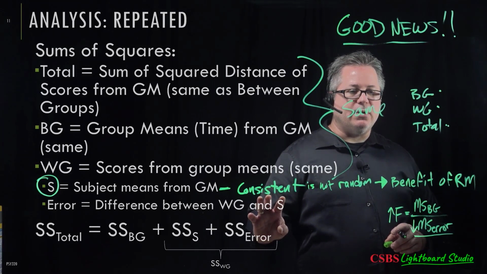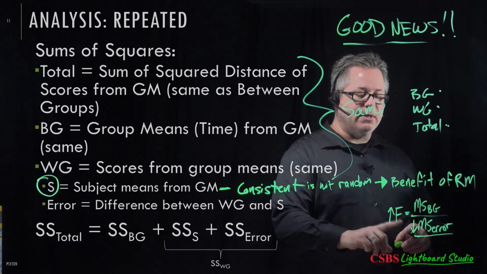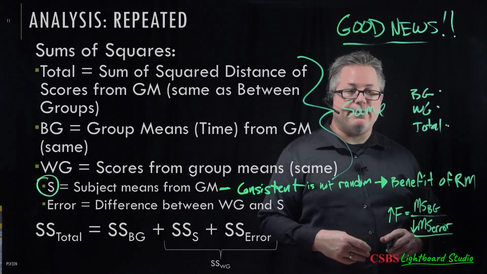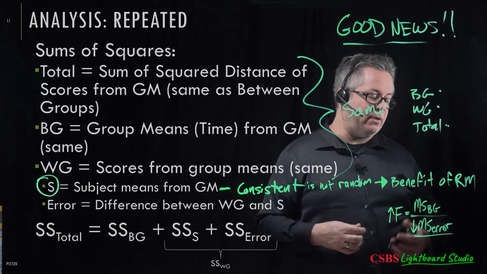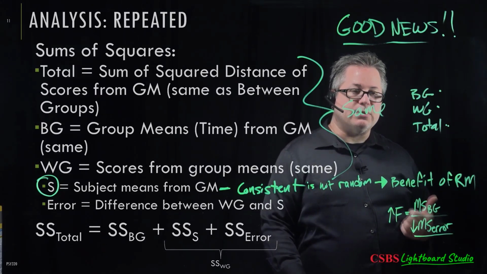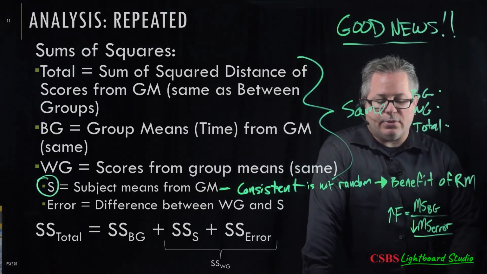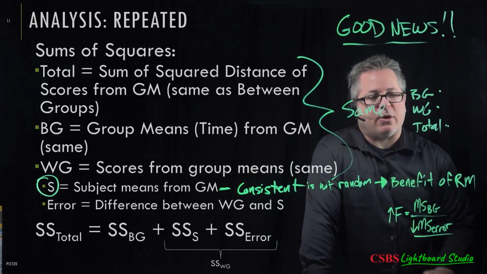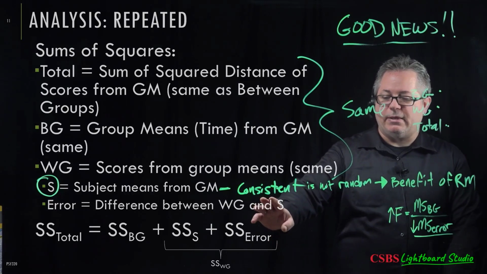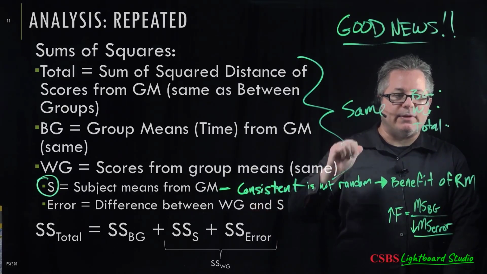Identify that variability, remove it, get a smaller error term, and a larger F. That's great. This is why repeated measures ANOVAs are nice. They allow us to, one, use fewer subjects because they just are repeating, and two, have the potential for a larger, more powerful F by being able to identify the consistent between subjects variability and remove it.